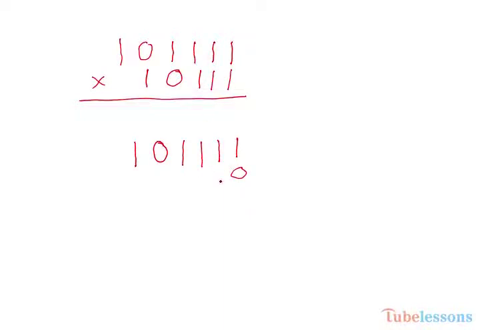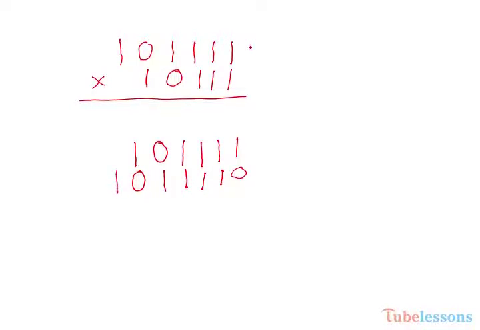So 1 times 1 equals 1, 1 times 1 equals 1, again 1 times 1 equals 1, and again 1 times 1 equals 1, then 0 times 1 equals 0, and 1 times 1 equals 1.